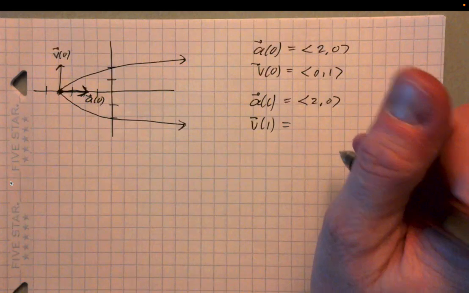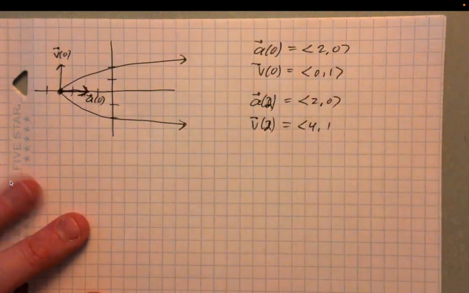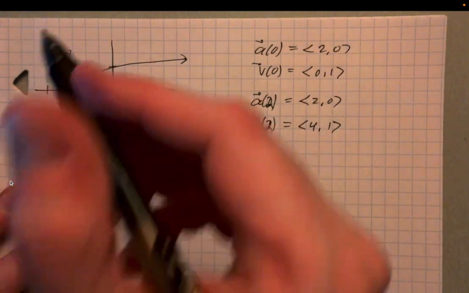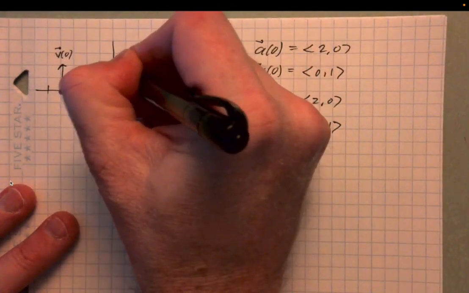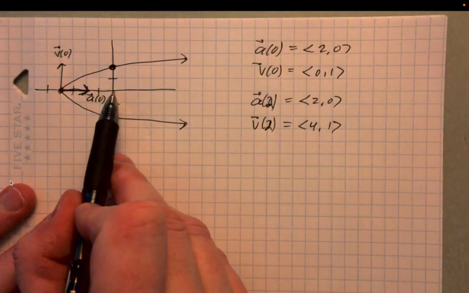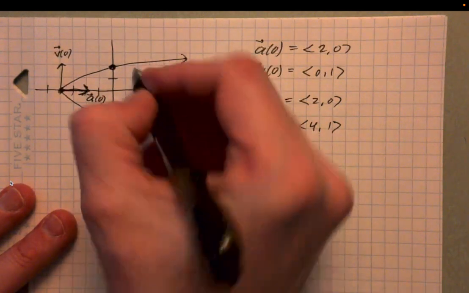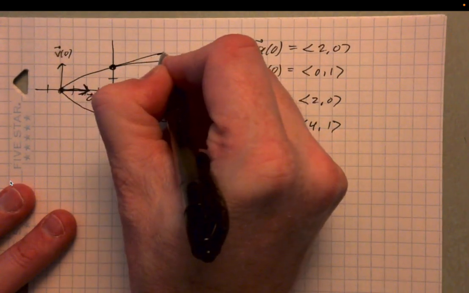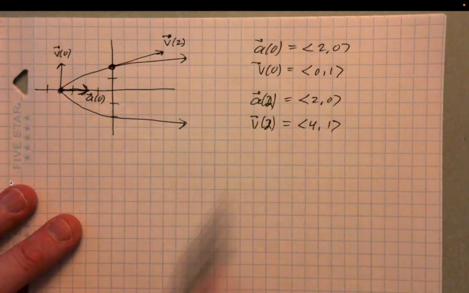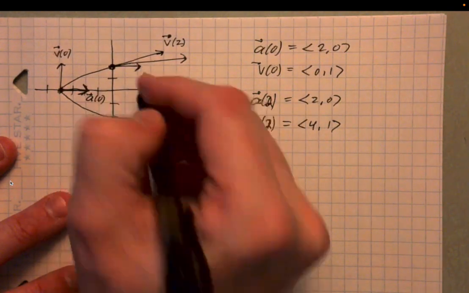Sorry, that's t equals 2. We just did those. So at t equals 2, the velocity is 4, 1, right? And the position is here, right? And the velocity is going to be 4, 1, so you can think 1, 2, 3, 4, and 1. So it's kind of doing this. And what's the acceleration doing? Well, it's like this again. It's still the same.